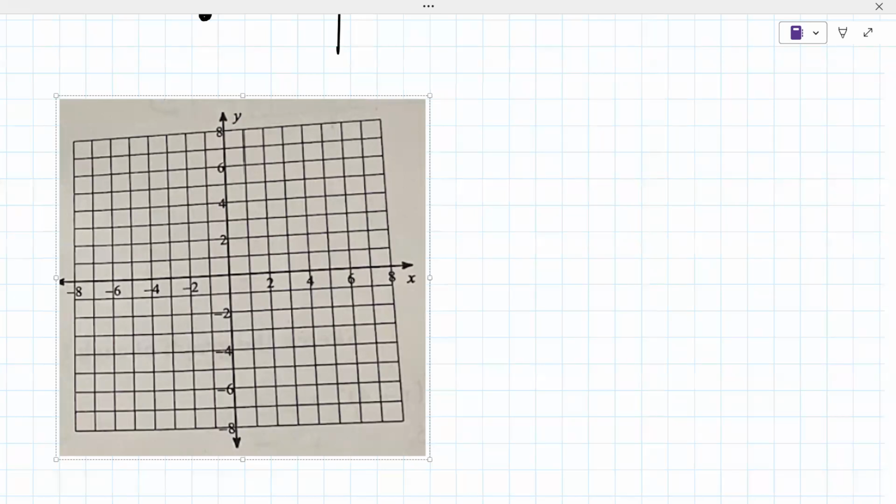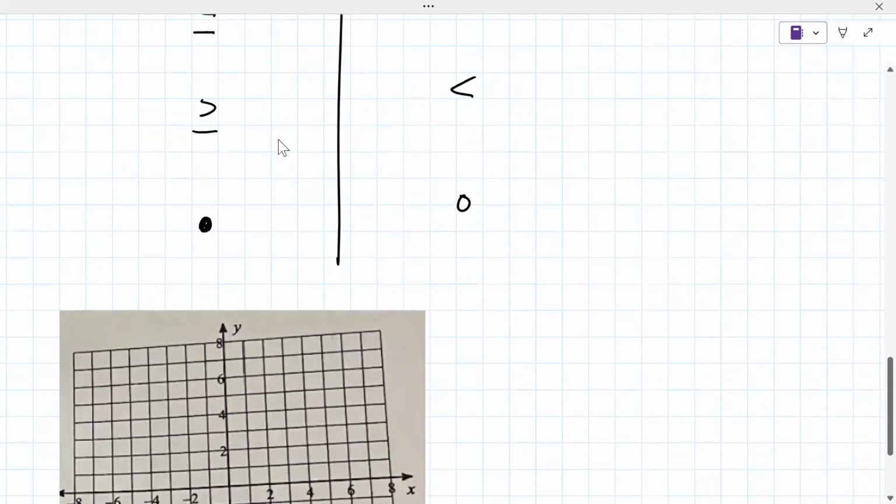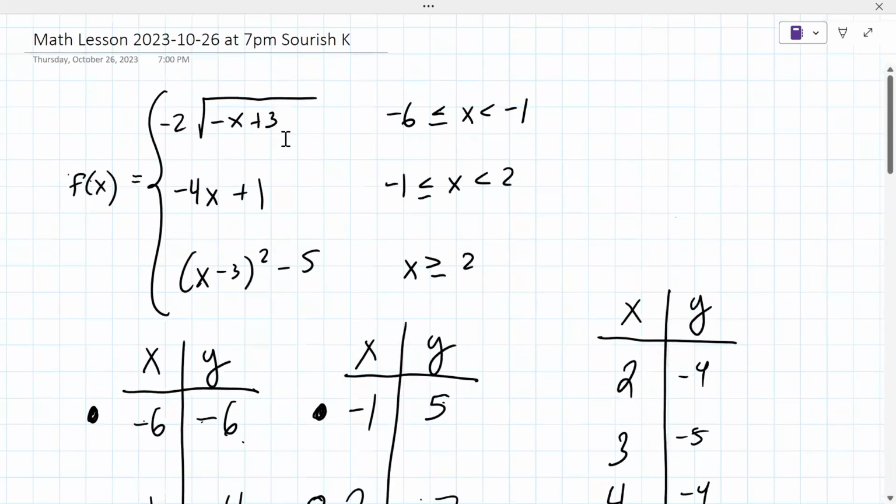All right, so let's graph those points. The first one is -6, -6. It's a closed circle. -1, -4 is an open circle. Now, what kind of function is it between there?